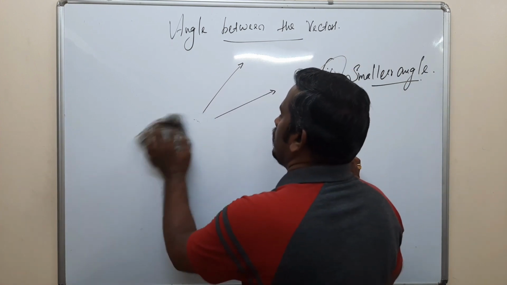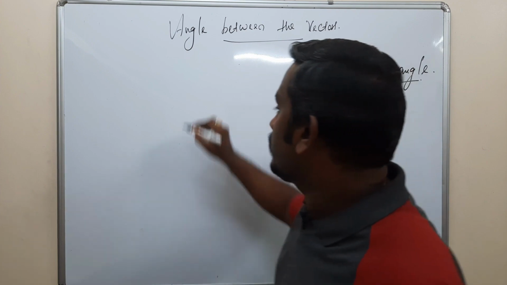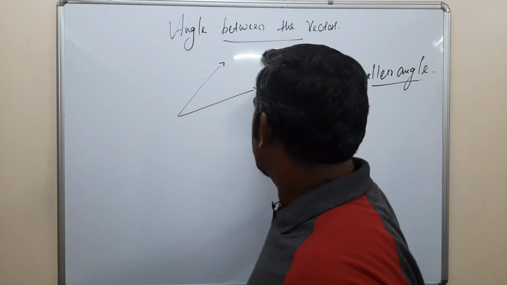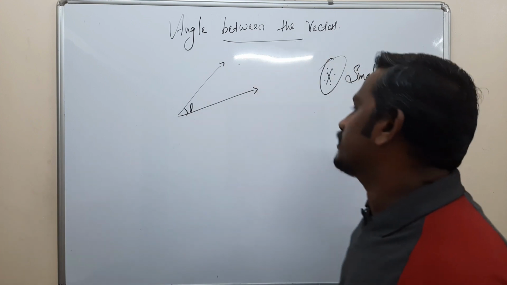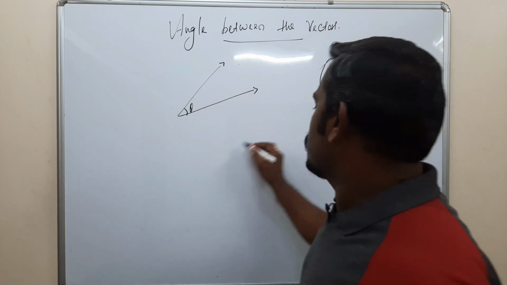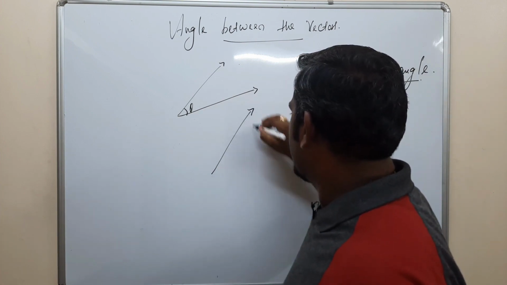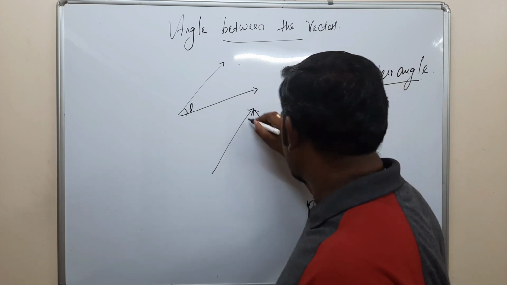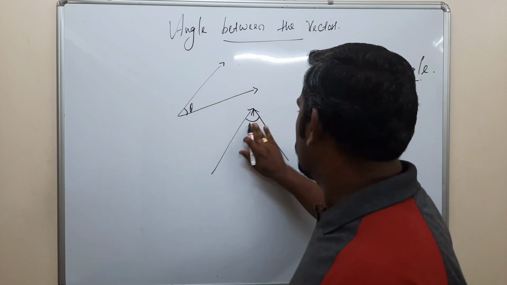So this is the vector. So this is the angle between the vectors. Okay, so or otherwise the head, this is another vector, the head, that is also theta. Okay, theta.